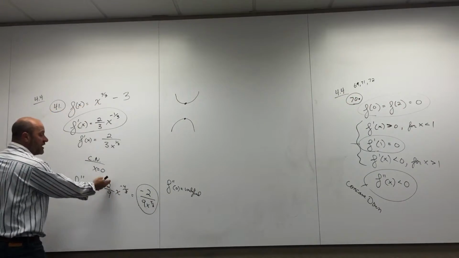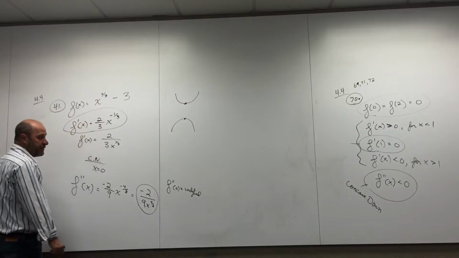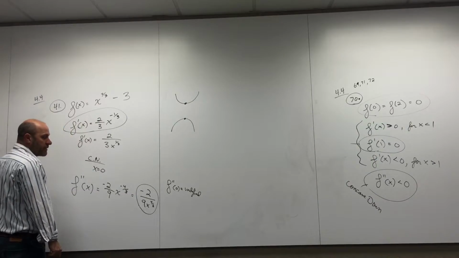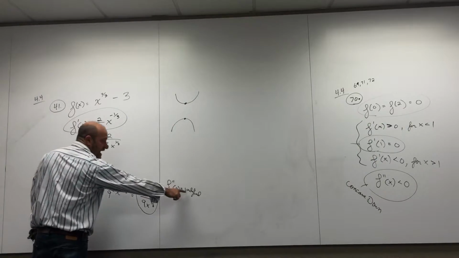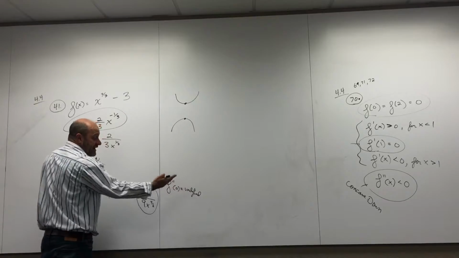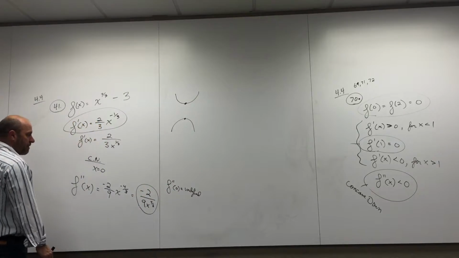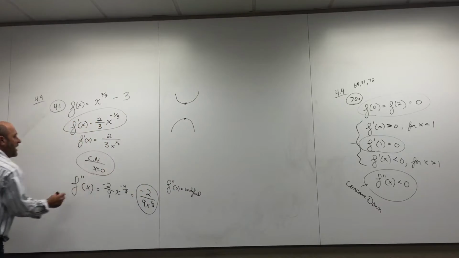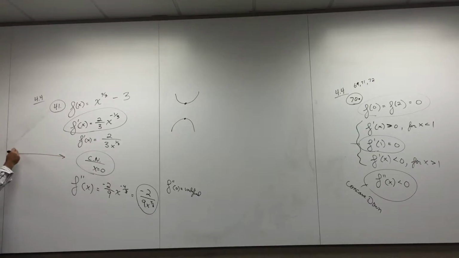Hey, it failed here though. How did it fail? Because it was undefined. It's not positive or negative. If it's positive, I know it's a min. If it's negative, I know it's a max. It's undefined, I don't know anything. Let's try a first derivative test then.